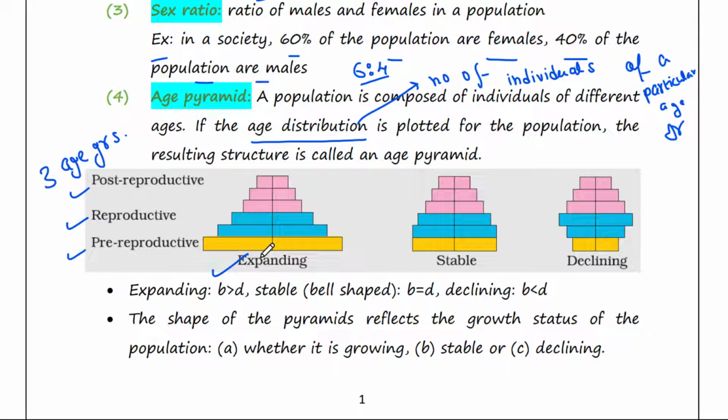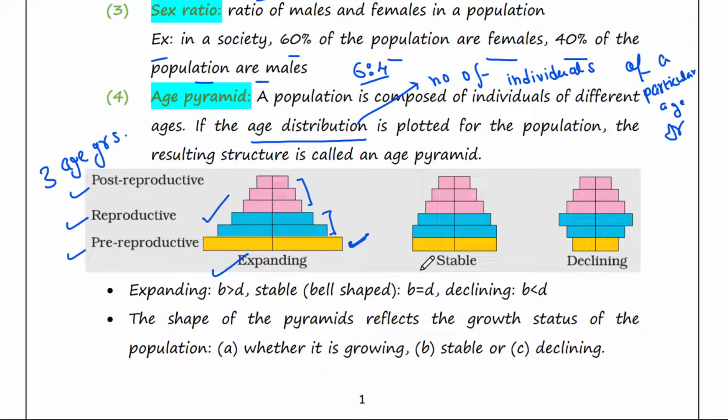In an expanding pyramid, the number of individuals is highest in the pre-reproductive age group, moderate in the reproductive age group, and least in the post-reproductive age group, right? Hence, the shape of the pyramid is like this.